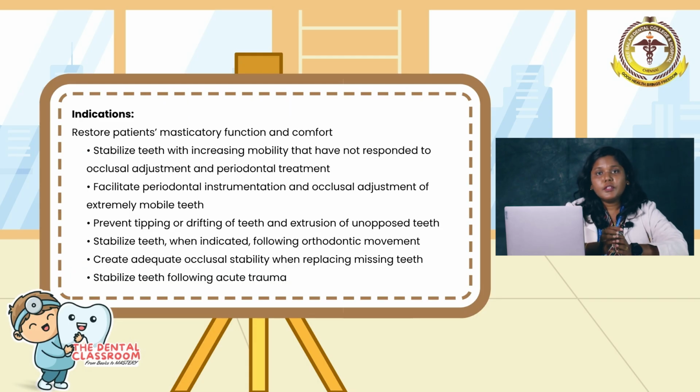And now coming to the indications and contraindications, for whom we can do splinting. As I said earlier, if we are going to restore masticatory function for the patients and ensure stability, we can do splinting for those patients. And if the patients have undergone orthodontic treatment and have reversible mobility, we can also splint.